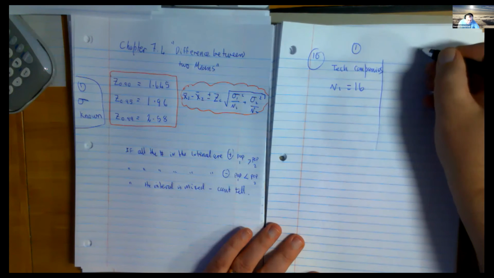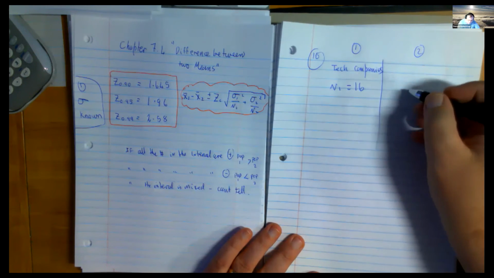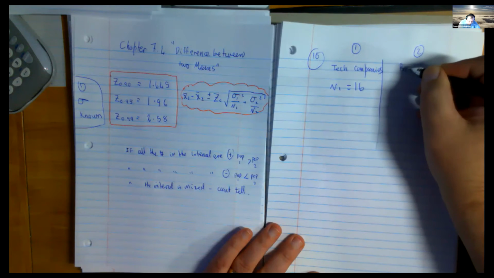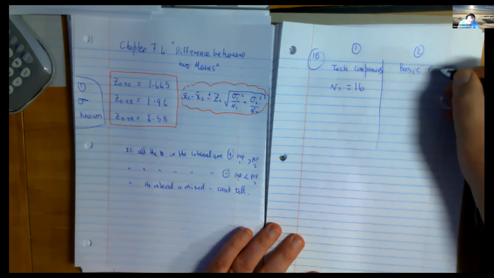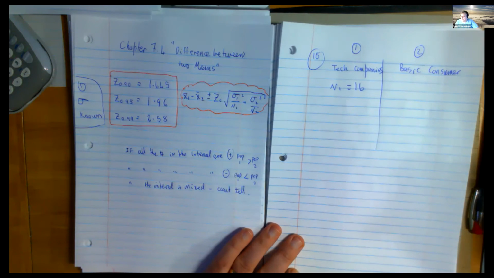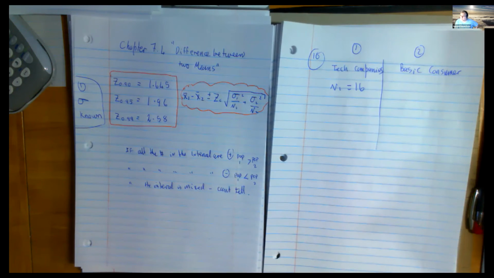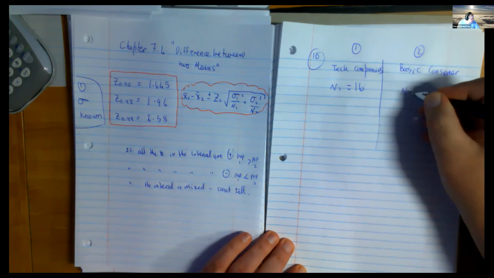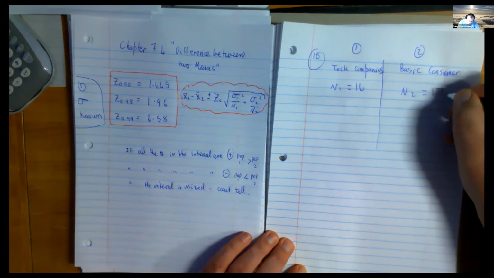And then in the second category, it was basic consumer stuff. I think basic consumer stuff is like, you know, washing up liquid and stuff like that, I guess. In this, there was almost the same number.